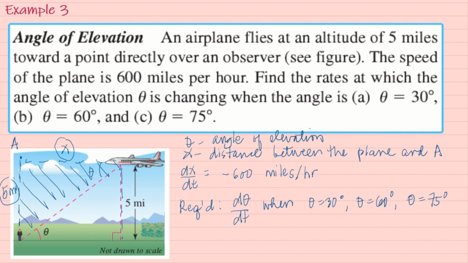So the formula that we are going to use will be tangent of theta, and this is equal to the opposite side, the side opposite of theta, and that would be 5, over the side adjacent to theta, and that would be x. So this is now our working equation for this problem. Tangent theta is equal to 5 over x.